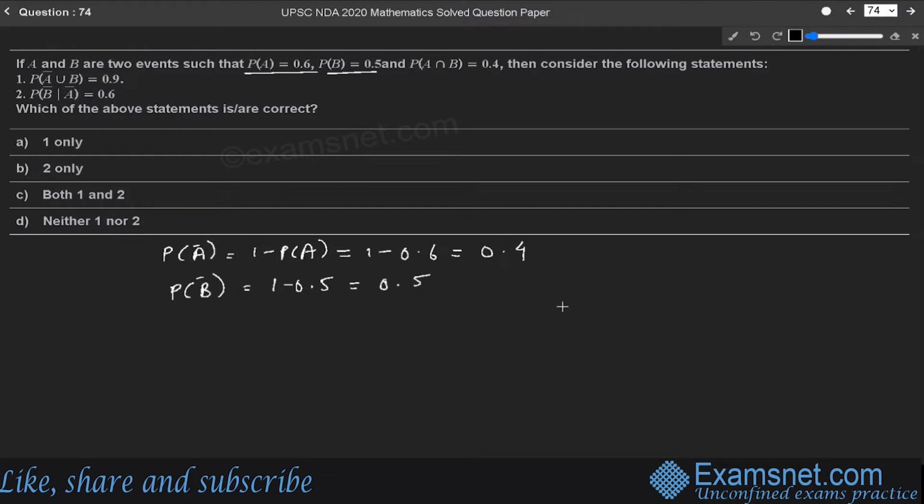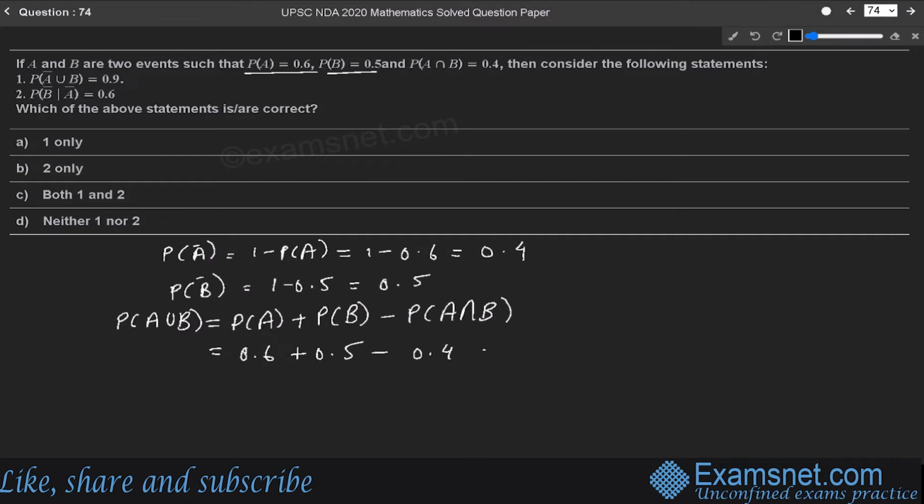This is the value for P of A bar and P of B bar. Now, there is a formula in sets which is P of A union B is equals to P of A plus P of B minus P of A intersection B. So here we will keep the values. We will get 0.6 plus 0.5 minus 0.4, which is equals to 0.7.